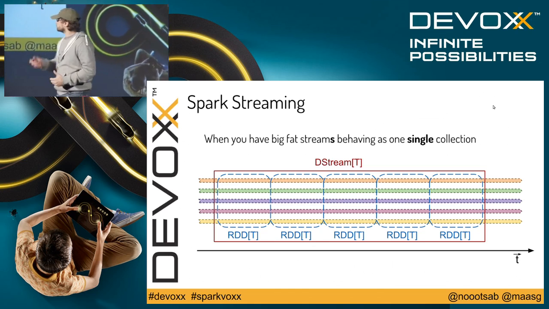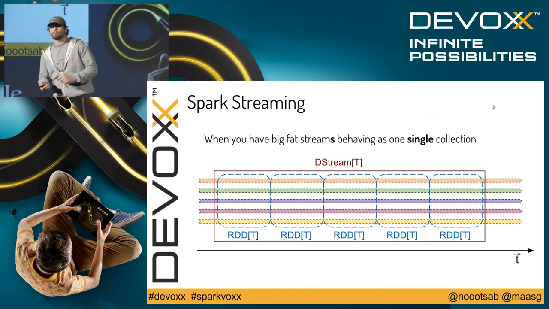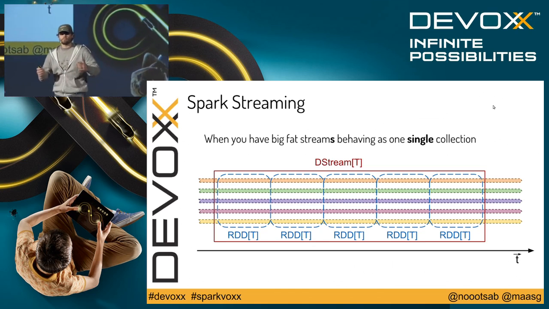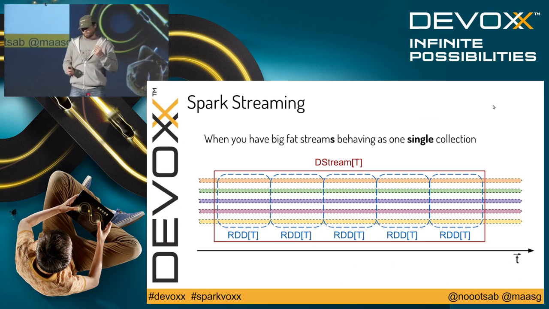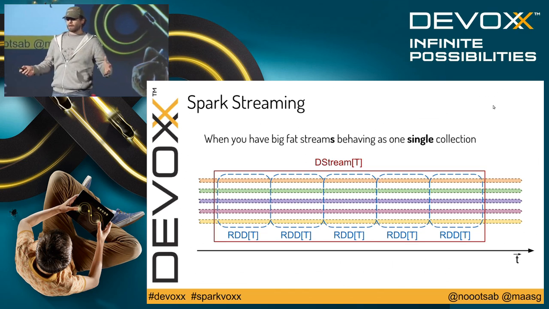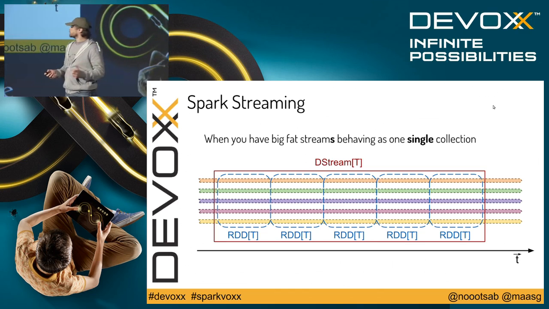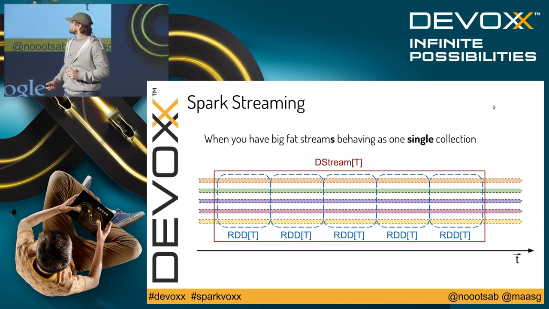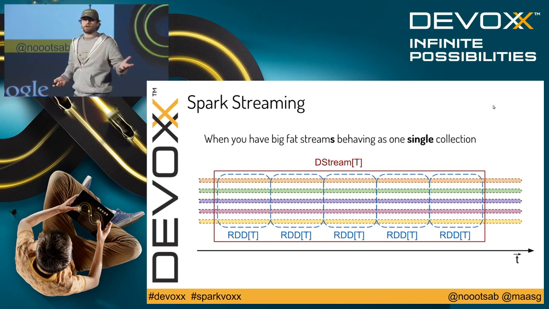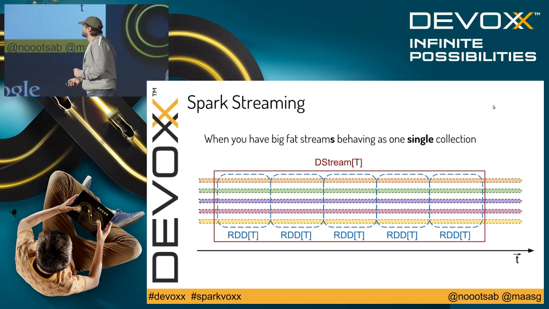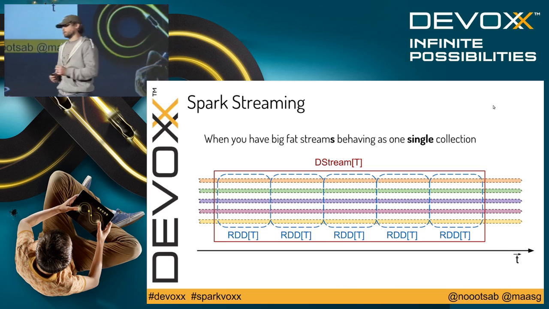So for that, we have Spark Streaming. What does it do? It takes several big, fast streams and allows you to see all of them as a single one. That's more or less it, right? So you have plenty of streams coming from Kafka, for instance, and these streams are seen as a single stream.